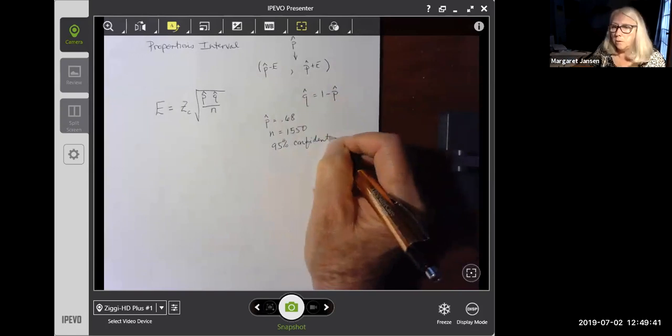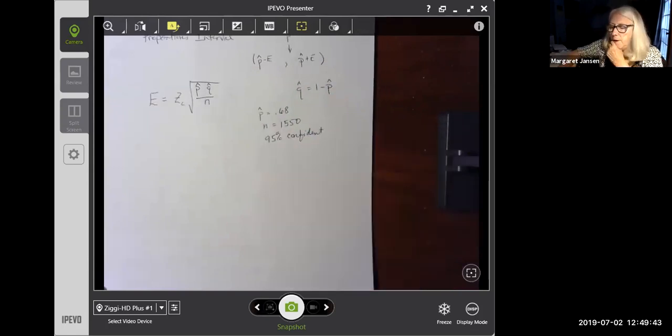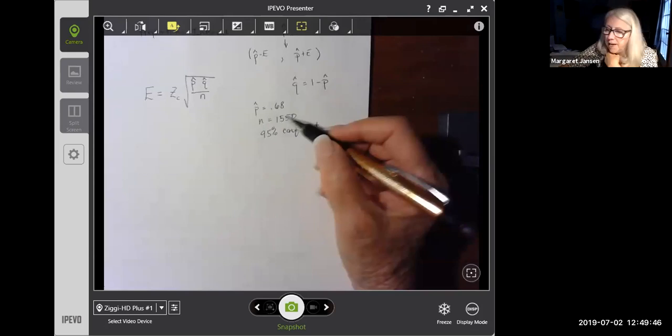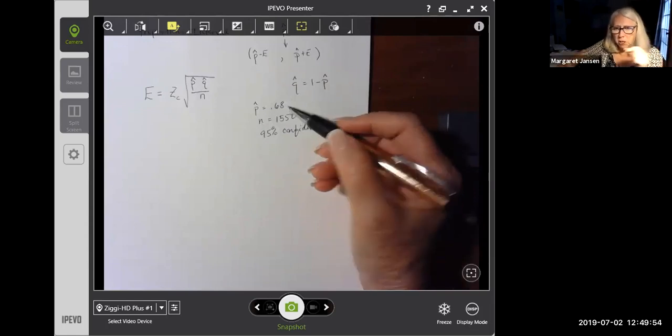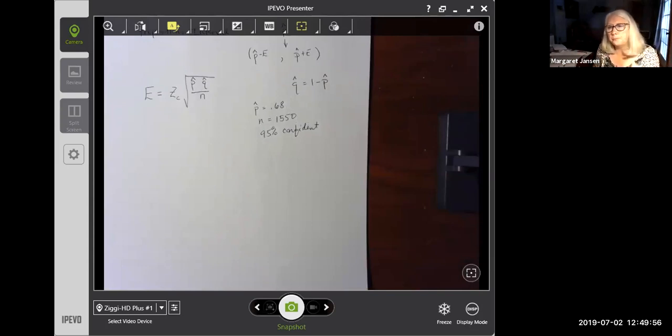Now, a word about p hat. Sometimes we use old estimates for proportions that don't change much. But you have to be careful, because there are some kinds of proportions that change very rapidly.